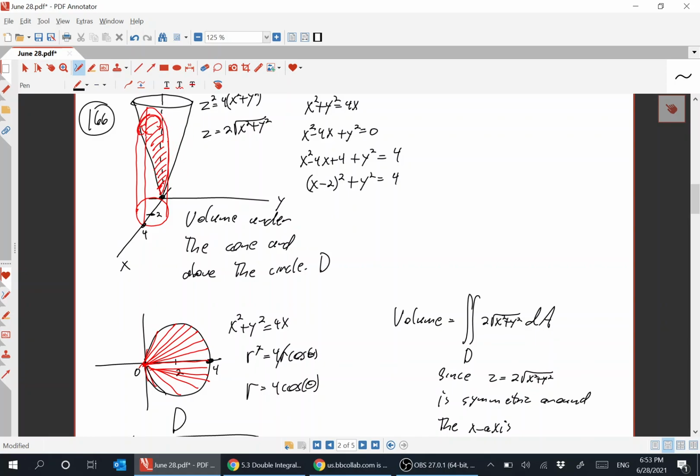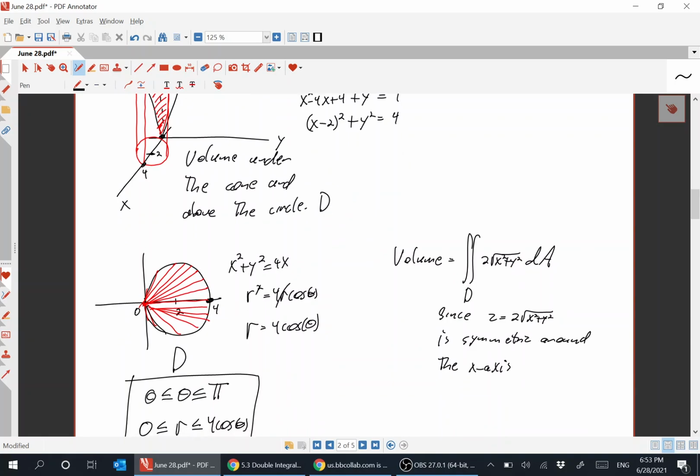And if you reflect the cone around the xz plane, it stays invariant, right? It doesn't matter if the x and y are positive or negative. The value of the function stays the same. So because of that, what we could do is the following.